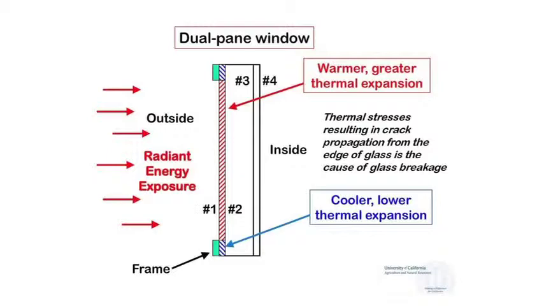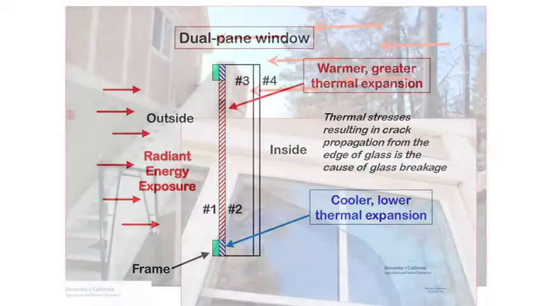The temperature difference between the exposed glass, the part of the glass you look through, and the protected glass, the part of the glass that is protected by the frame, results in differential stresses. With enough temperature difference between the exposed and protected, it causes cracks that are already at the edge of the glass to propagate inward. Enough of these cracks propagating inward, and the glass breaks and falls out.